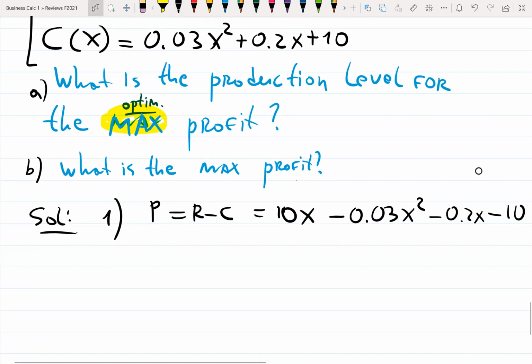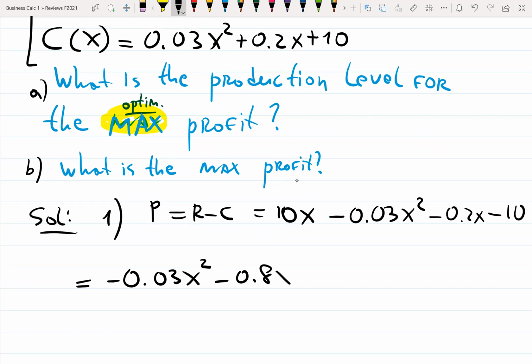Simplify, which means collect your terms. Minus 0.03x squared, always put the highest power first, minus 0.8, no, 8.8x and minus 10. So only two terms were collected.